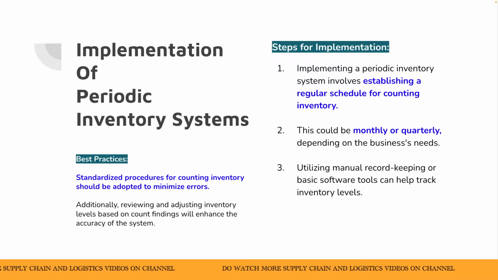Now let's come to the periodic inventory system. It's very simple. You just need to write a schedule, let's say once in a month, once in a week, twice in a month, twice in a week, whatever it is. You set up a particular schedule or period by which you check, okay, at this point of time I need to do the inventory check, I need to check the inventory count.